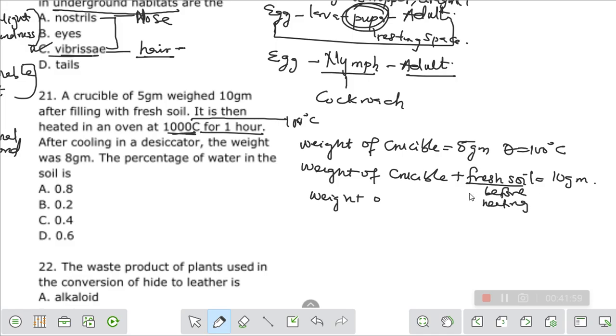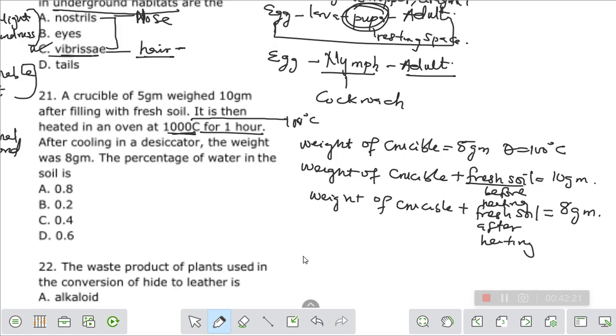How do we know the weight of water loss? The weight of water loss will be the weight before you heat it minus the weight after you heat it, which is 10 minus 8. So that will be 2 grams.